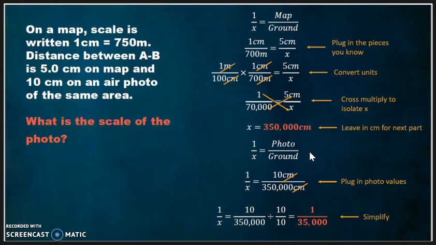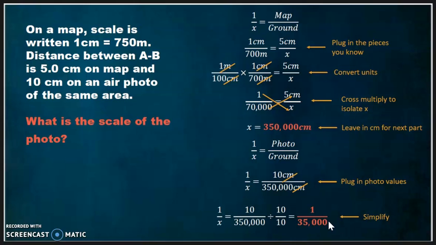Now we want to calculate that photo distance to distance on the ground. So we're going to plug in the photo values. We have 10 centimeters for that same distance instead of 5 centimeters, and then we have our new ground distance of 350,000 centimeters.